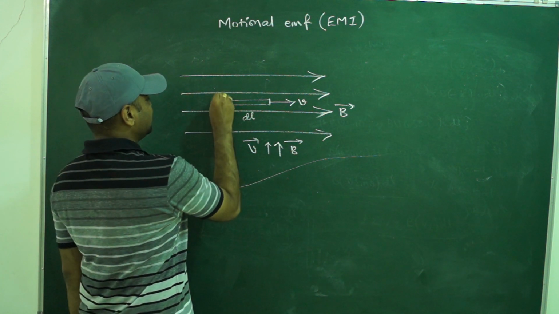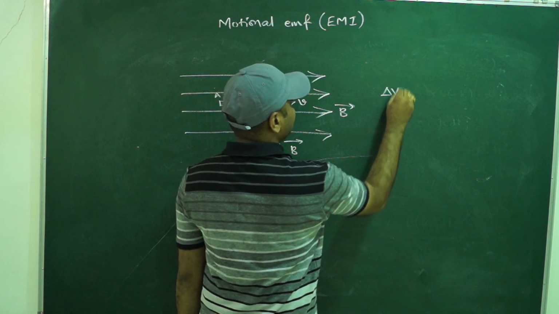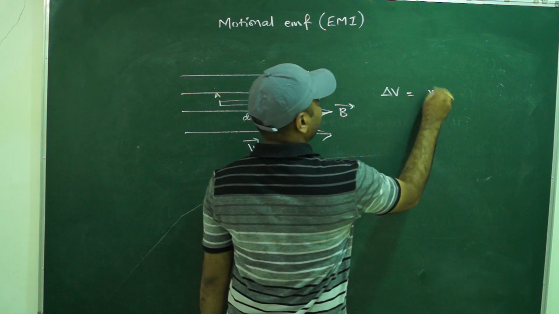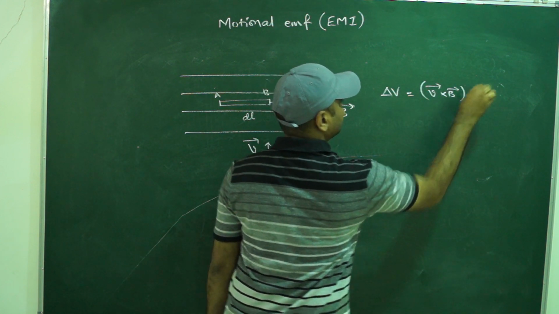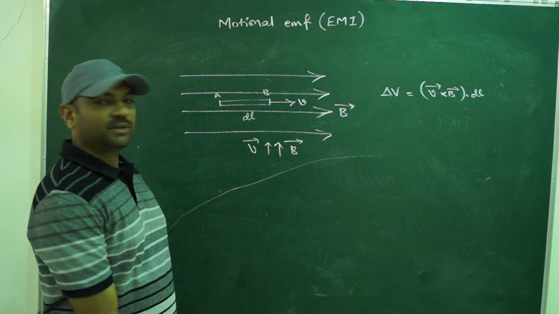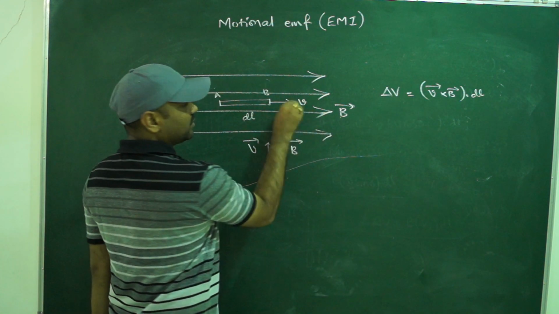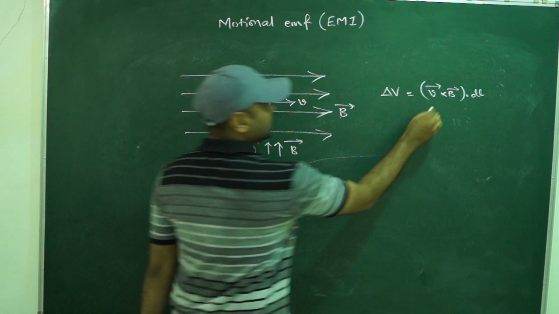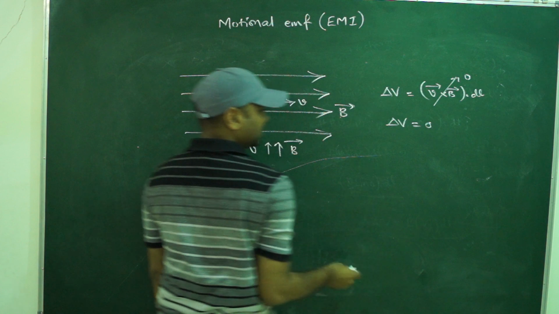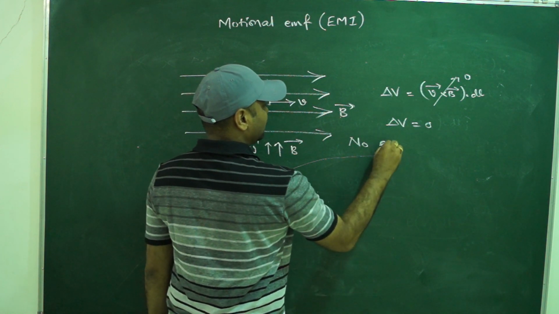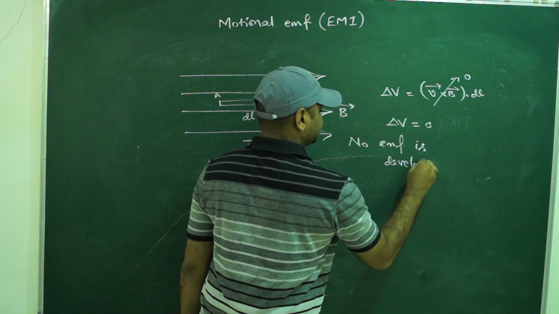Then what is the potential difference across the rod ends? The potential difference is V bar cross B bar dot dl. This is the general formula you can apply anywhere. Since V bar and B bar are parallel, this goes to 0. So delta V goes to 0. That means no EMF is developed.